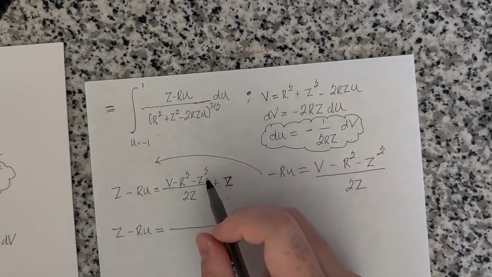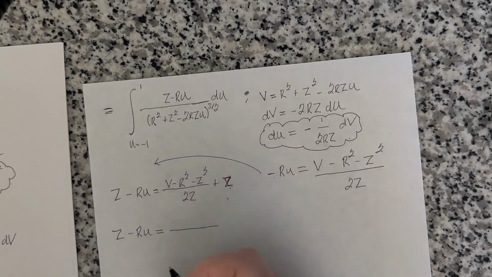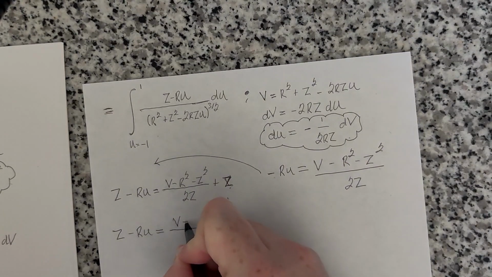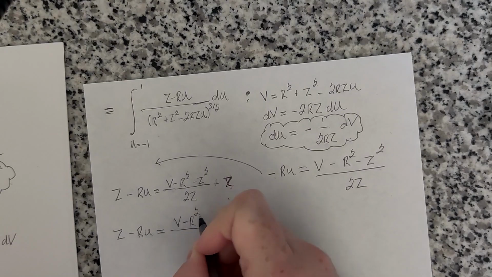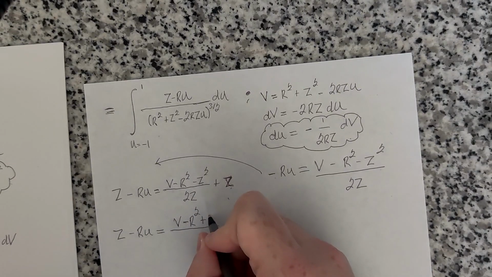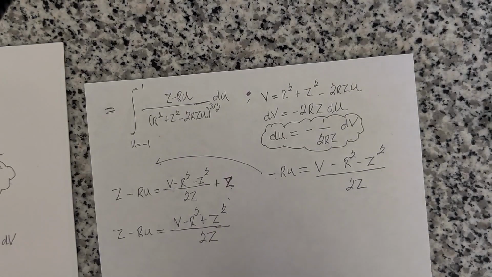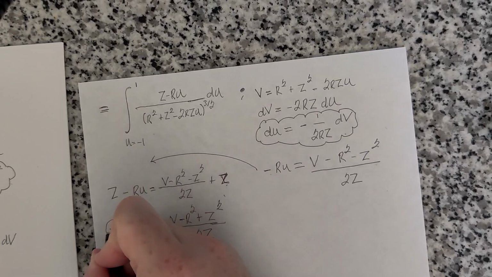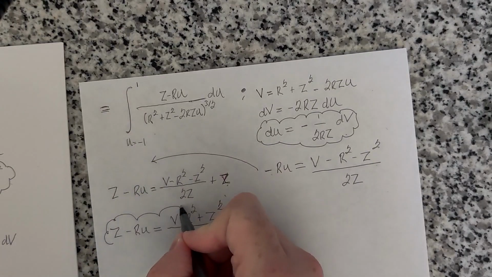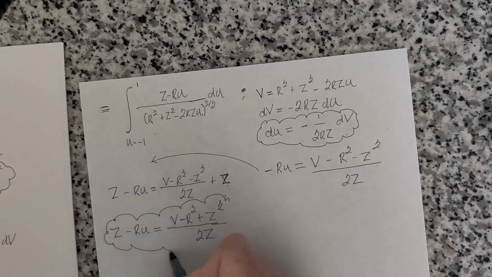So that's going to be 2z squared plus minus z squared. So that's going to be positive z squared. So we're going to have v minus r squared plus z squared on top, and then over 2z. And this is the substitution we're going to use for z minus ru in our integral.